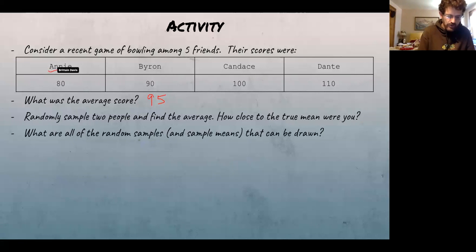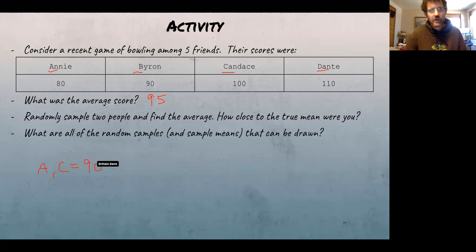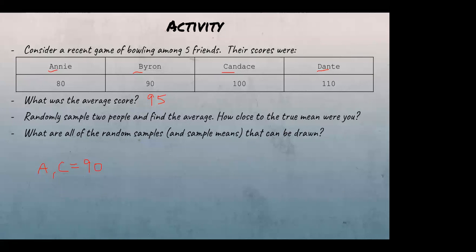Of course, it's A, B, C, and D. I just picked Annie and Candace, and their average was 90. What are some other combinations of people that could be grouped together as a random sample? Annie and Byron.